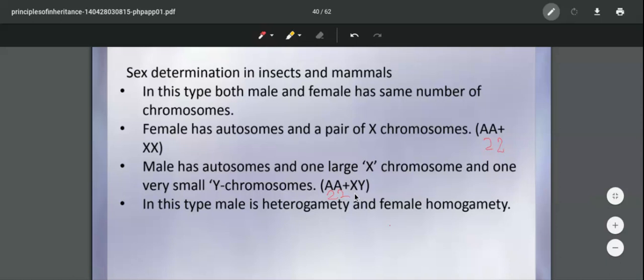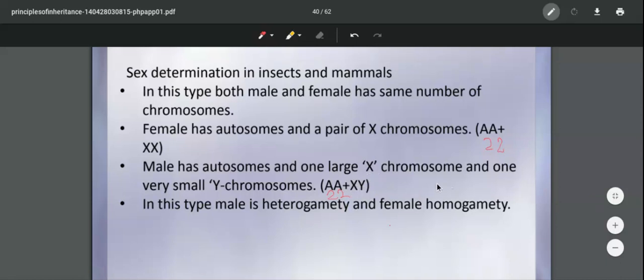Why? Because the males can produce two types of sperms. Like in the case of human males, when spermatogenesis takes place, you have 50% of the sperms bearing X and 50% bearing the Y chromosome.